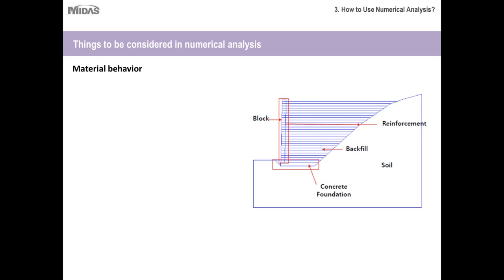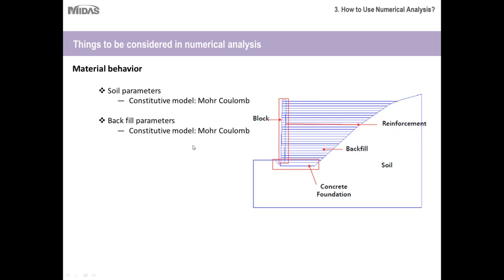As I pointed out earlier, there are different components of a numerical model. There is a soil layer, there is something called backfill, there is a foundation, then the retaining wall itself, which could either be a wall or constructed in different blocks, and then there is reinforcement or the retention system. First of all, let's start with soil parameters. For soil parameters, you need to pick the appropriate constitutive model.